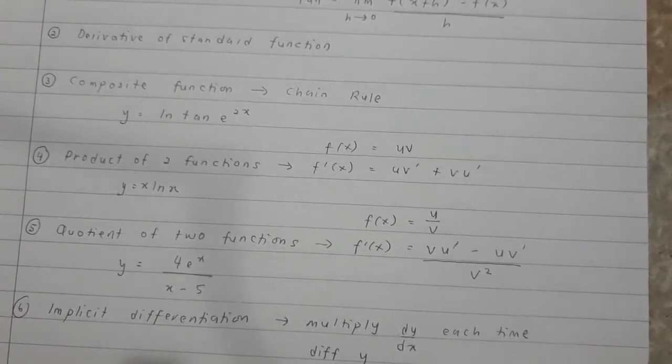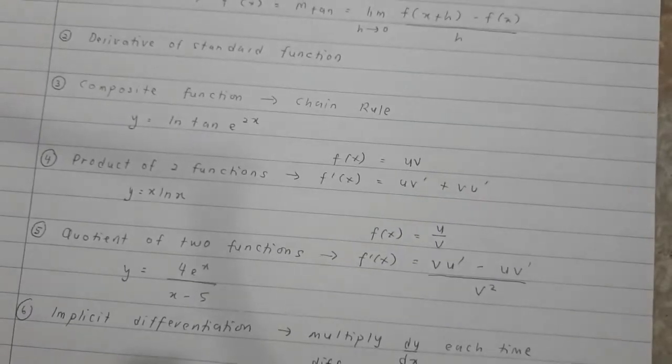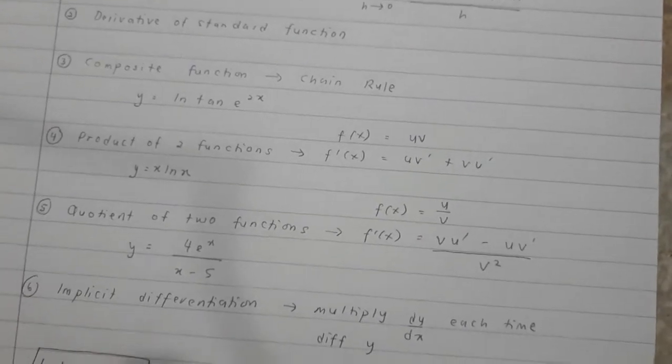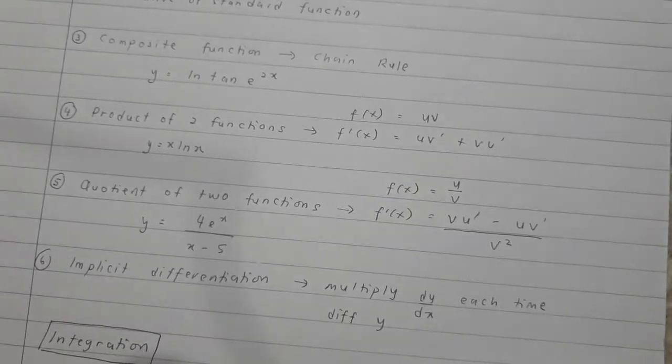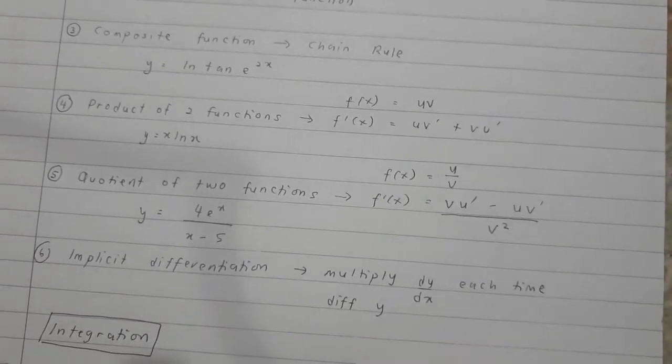Differentiate sin x, cos x. Differentiate cos x, negative sin x. Differentiate tan x, secant squared x. Differentiate secant x, secant x tan x. Differentiate ln x, 1 over x. Differentiate e to the x, e to the x. I hope you can memorize all the derivatives of the standard functions already.